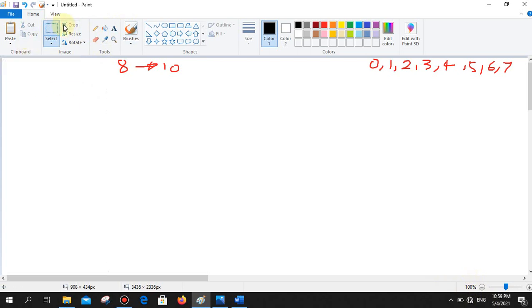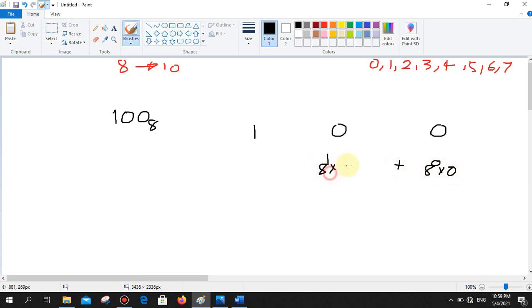We'll try another example. The next number we'll take is 100 in base 8. So 1 0 0: 8 to the power of 0 into 0 plus 8 to the power of 1 into 0 plus 8 to the power of 2 into 1.